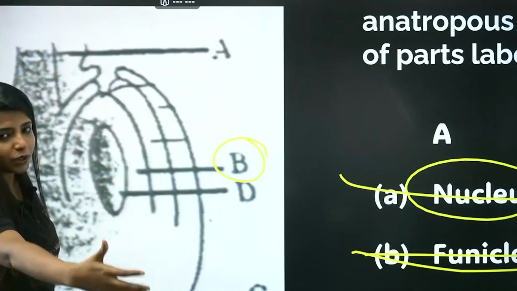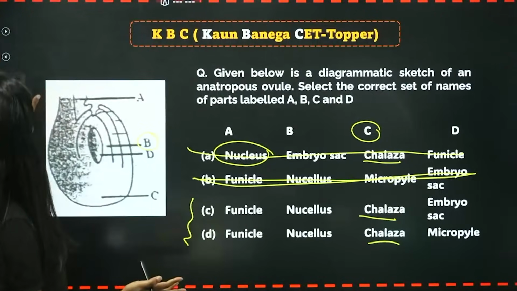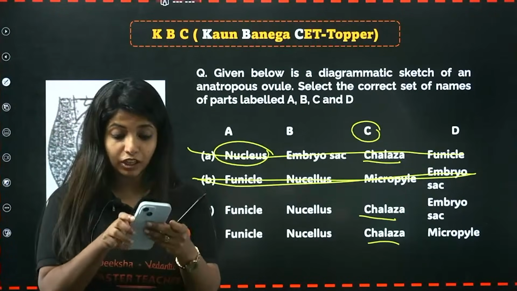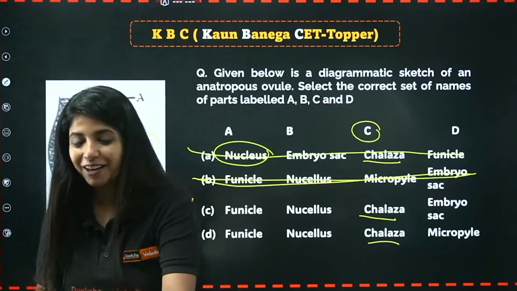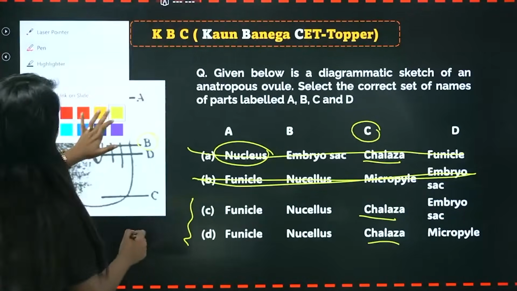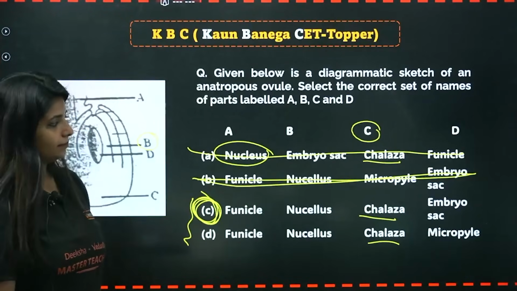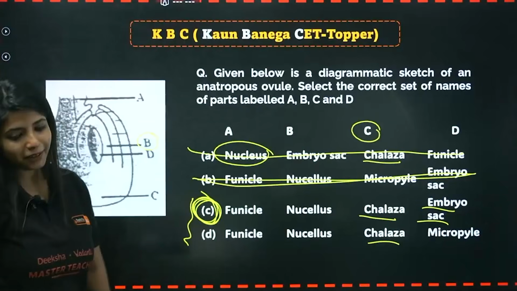And inside the embryo sac, you have the female gamete. So D is going to be embryo sac, which is exactly what I was thinking. The answer for this question is C, because this is the embryo sac and cannot be the micropyle.